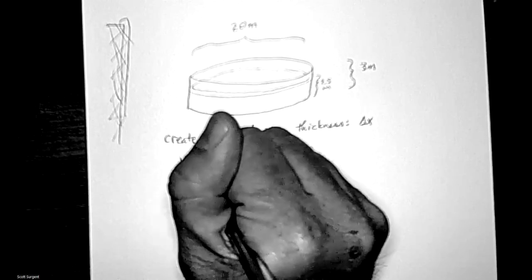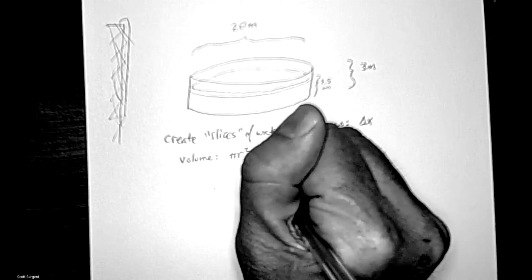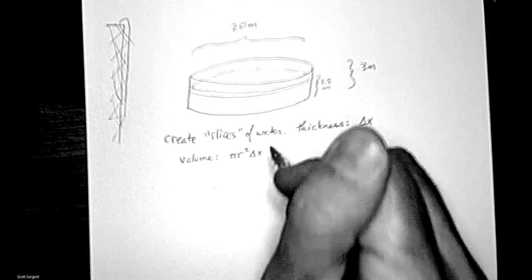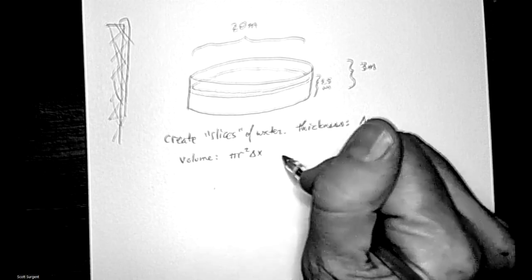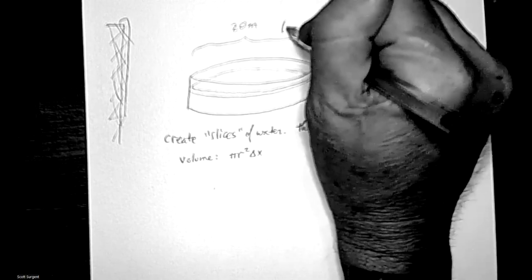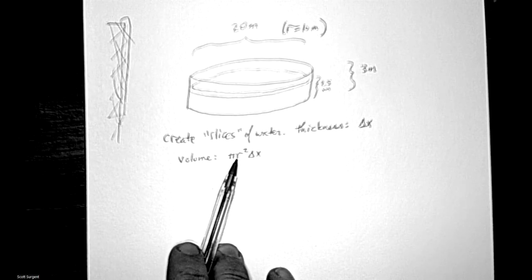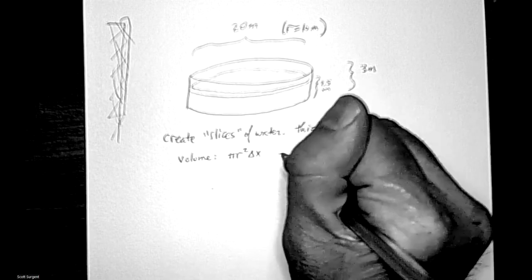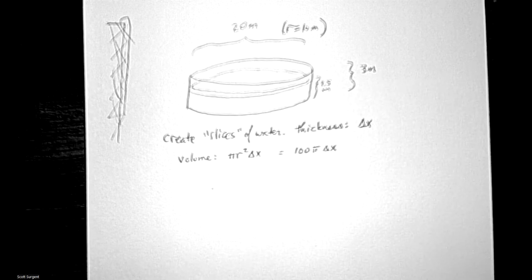The volume is going to be pi r squared times the thickness, which is delta X. The diameter is 20 meters, which means the radius is 10. So I'll plug the 10 in here. It's 100, so I get 100 pi delta X. That's the volume.